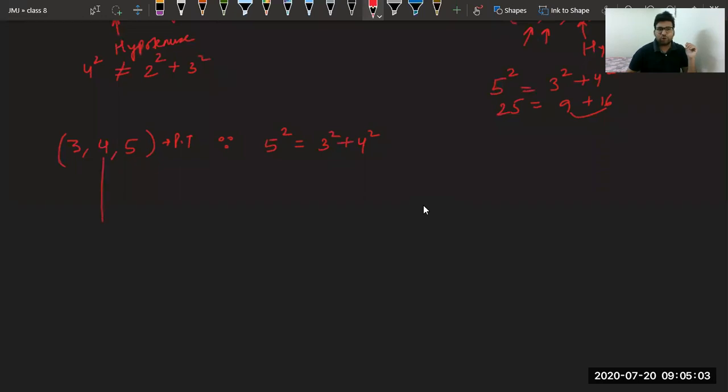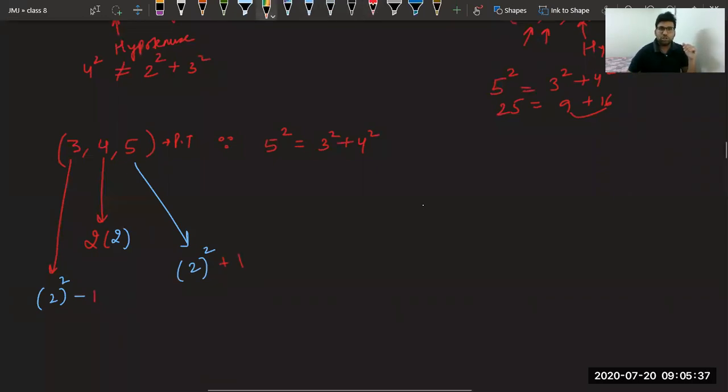If I write this 4 as 2 into 2, and this 3 as 2 squared minus 1, and this 5, in terms of 2 only, as 2 squared plus 1.